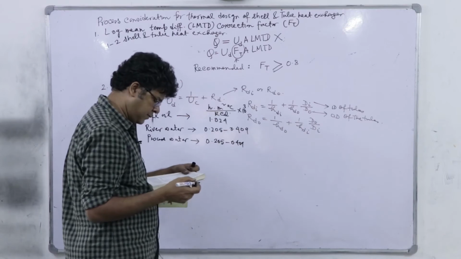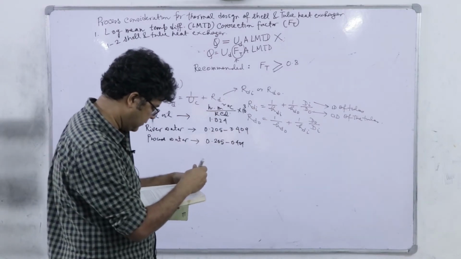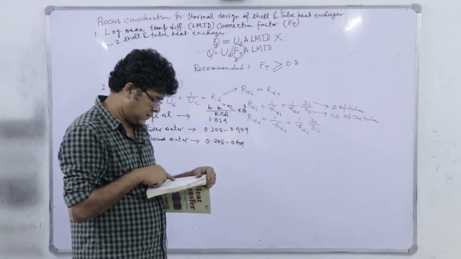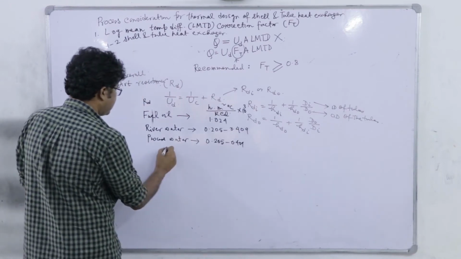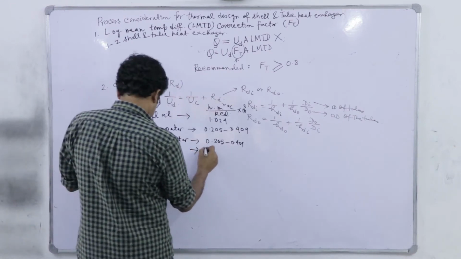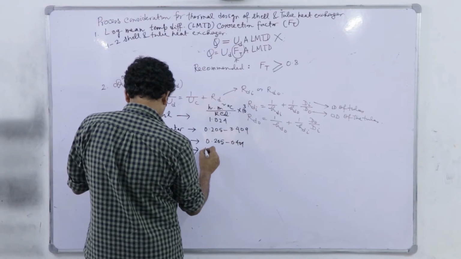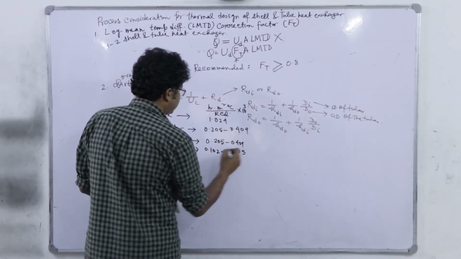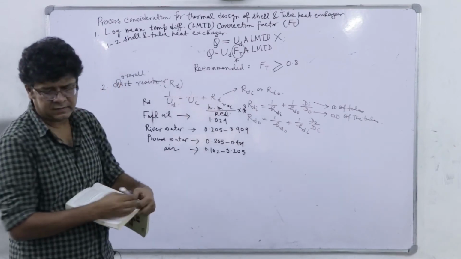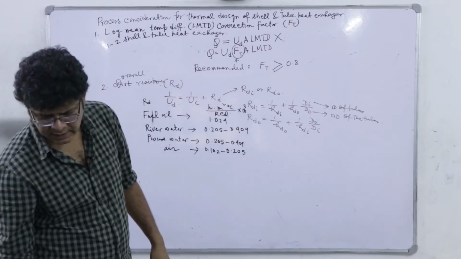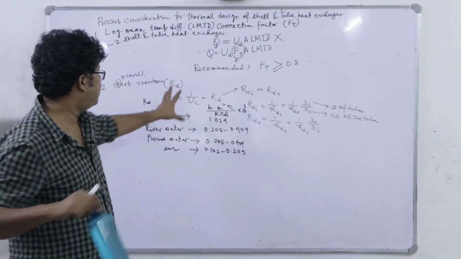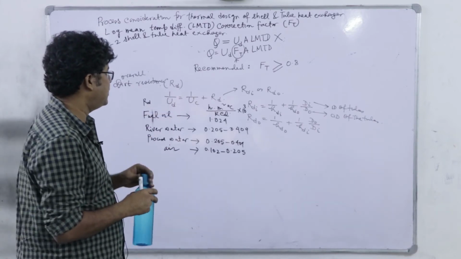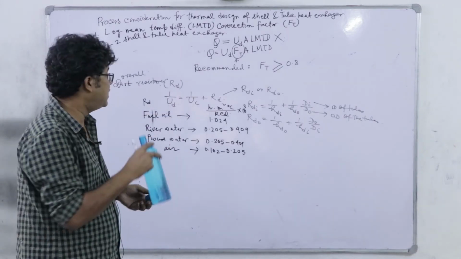Brackish water has 0.407 to 0.615. For air, it is 0.102 to 0.205. So there are several ranges given in any standard textbook, from where we can fetch this Rd value during the design of a shell and tube heat exchanger.